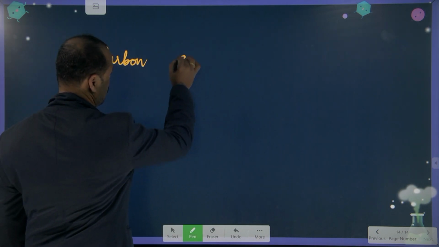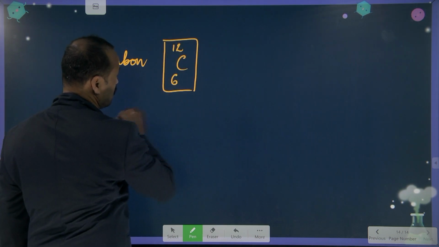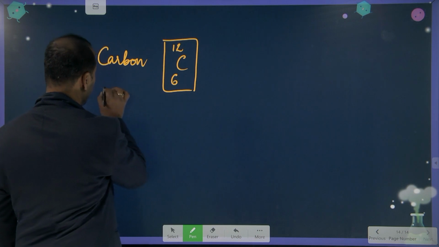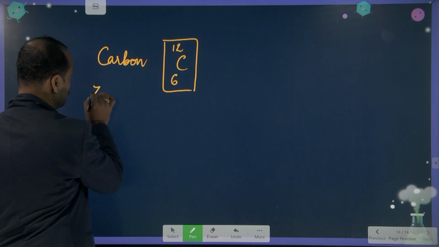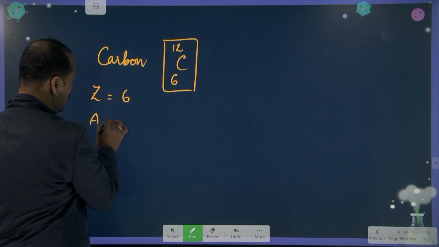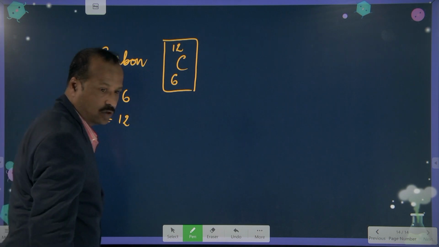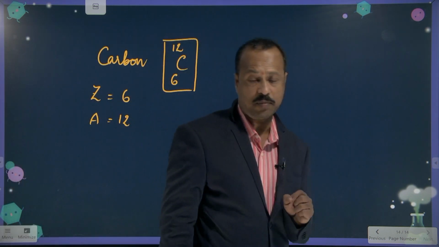We can write carbon 6 and 12. What is the meaning of this? This is carbon, and its atomic number, denoted by Z, is equal to 6, and the mass number, denoted by A, is 12.